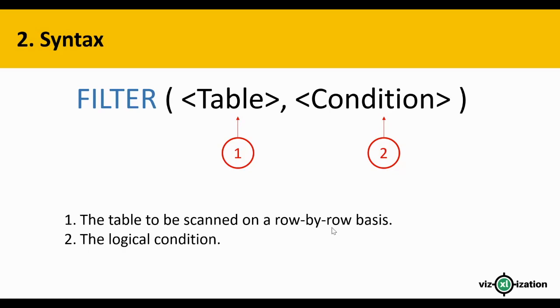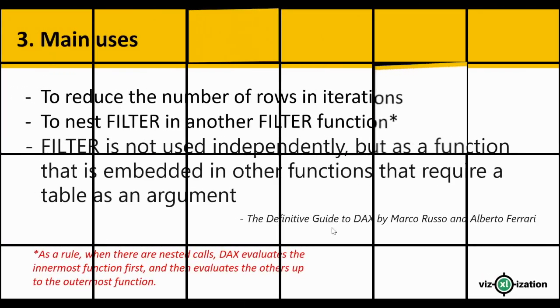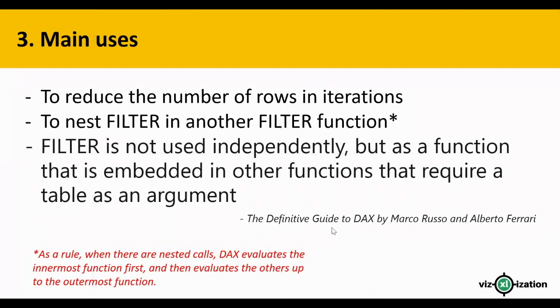Row by row basis. The second point is the logical condition. Remember that we're having 3 different cases and we will be more familiar with this function after we go through those exercises. Now let's go to the next point, the main uses.